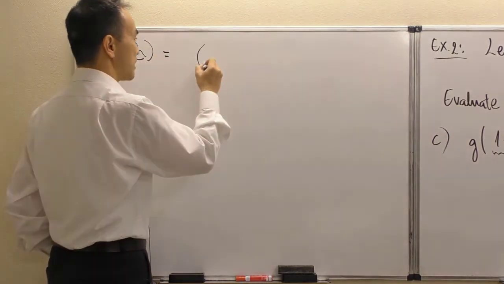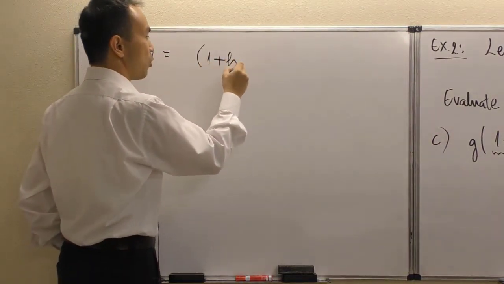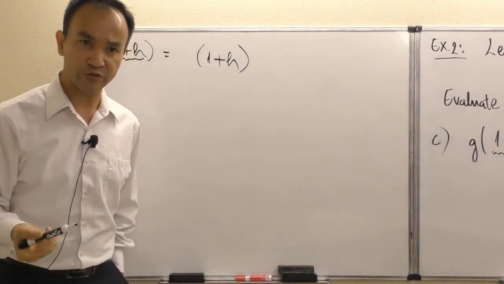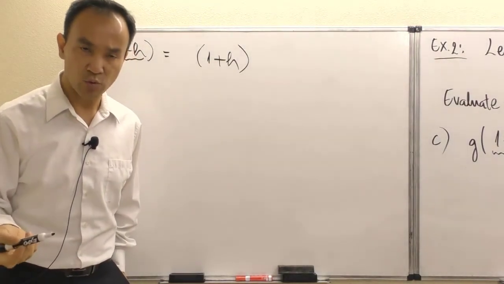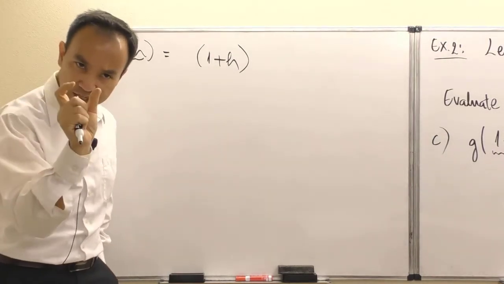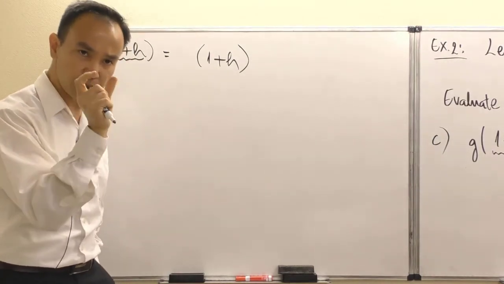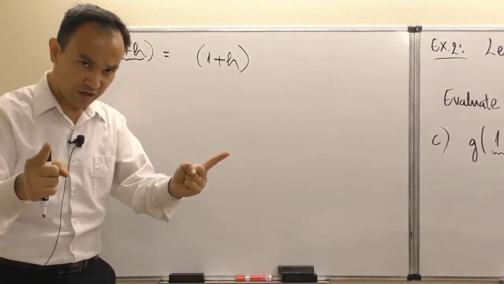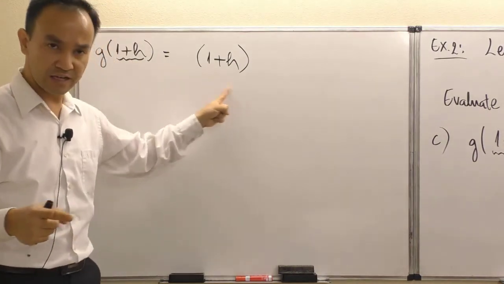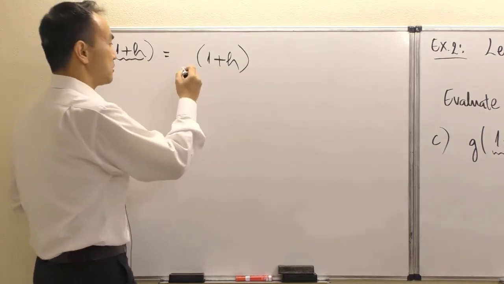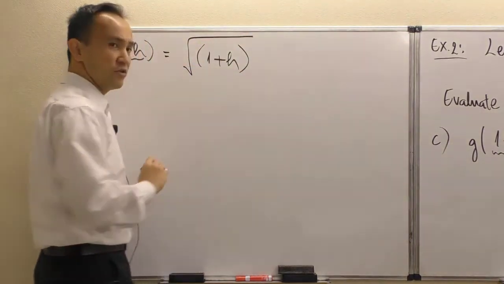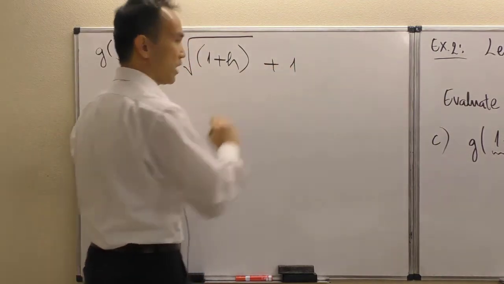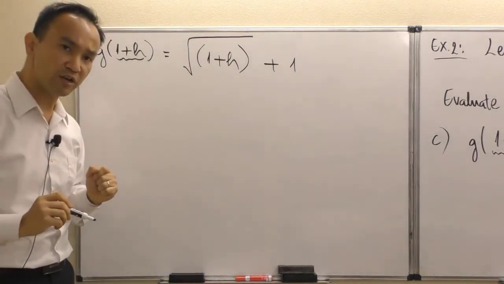That is why, once again, using parentheses is extremely important. It keeps your work organized and indicates clearly which expression, one entire quantity, is your input. So we take the square root of that input, and then after doing that, we're going to add 1.